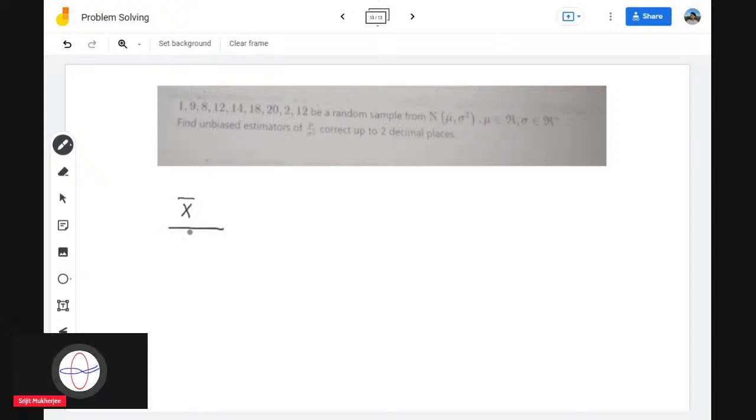X bar is unbiased, and we have to find the unbiased estimator of 1 by sigma square based on sample variance.